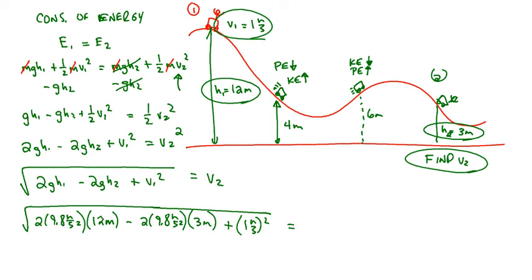I come in here and I say the square root of 2 times 9.8 times 12 minus 2 times 9.8 times 3 plus 1 squared, which of course is 1, and I get 13.3 meters per second for the velocity at the bottom.